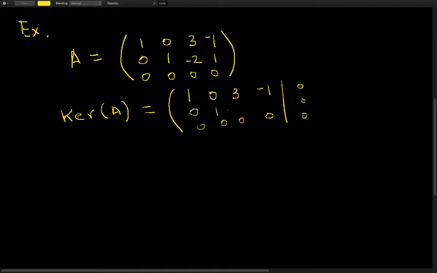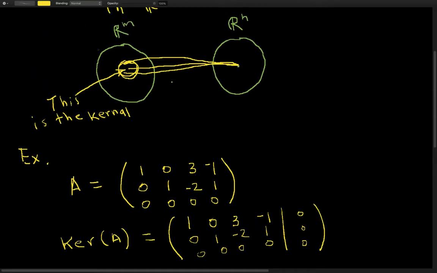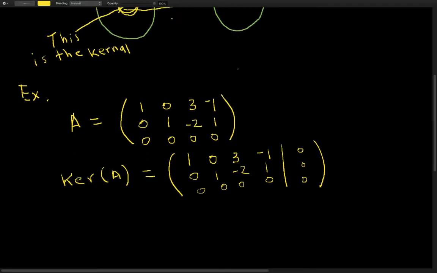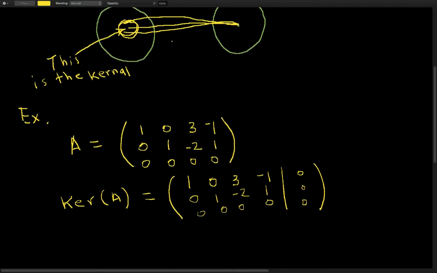The reason again that we're setting this all equal to 0 is that we want all the vectors in Rm that go to 0, that have the solution of 0 in this new space Rn. And what this matrix here is doing is it's a transformation. When we apply the transformation, we're going from Rm to Rn. So this is really key.